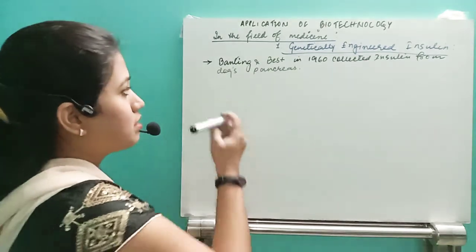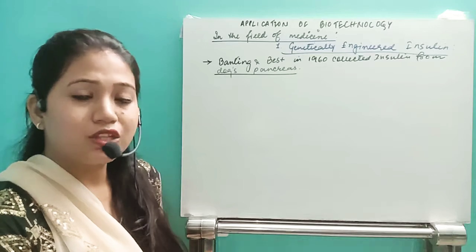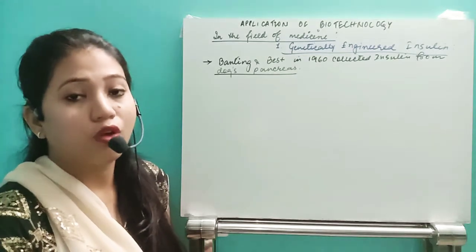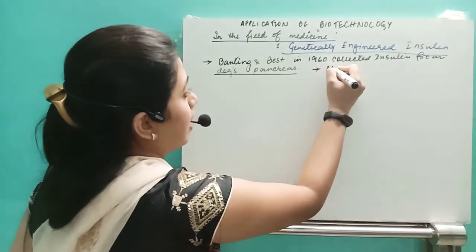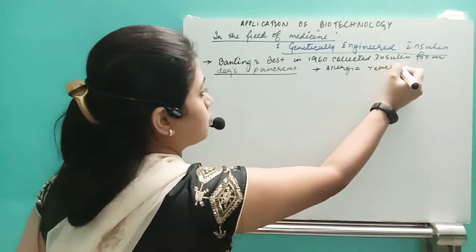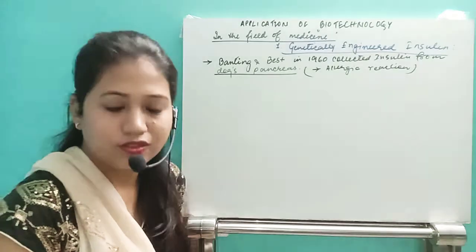So though it is a very easy process to collect insulin from other organisms, it has lots of disadvantages. One of those disadvantages is the allergic reaction. If that individual has an allergic reaction, that means it is not successfully done.